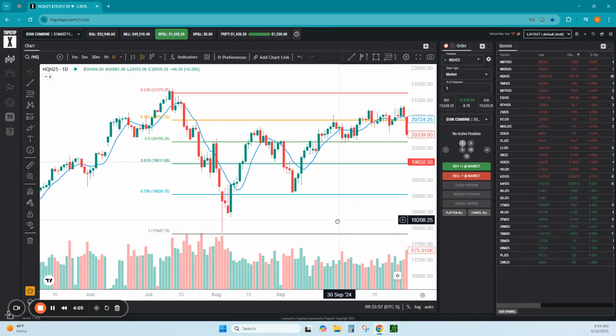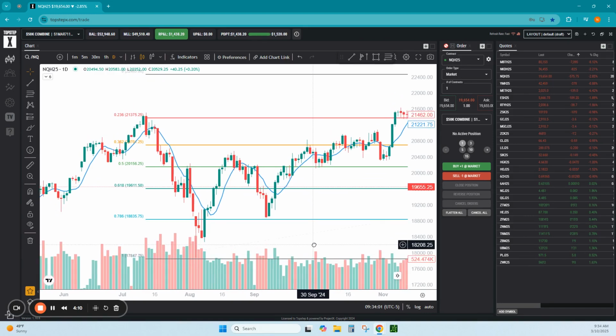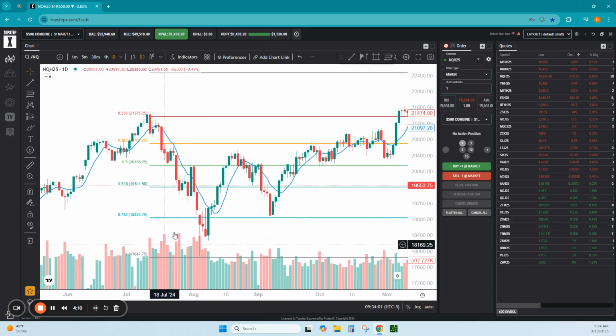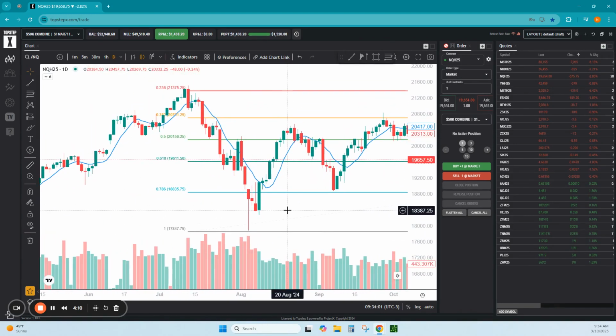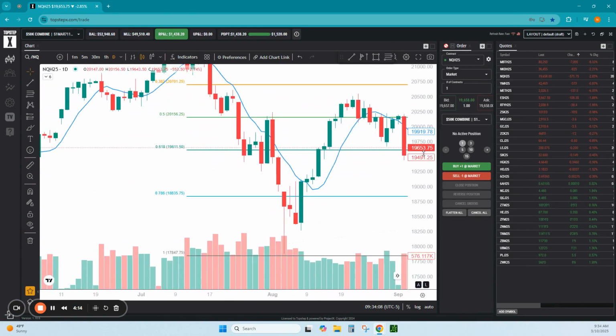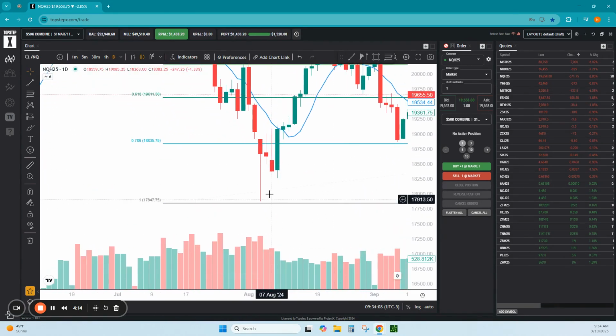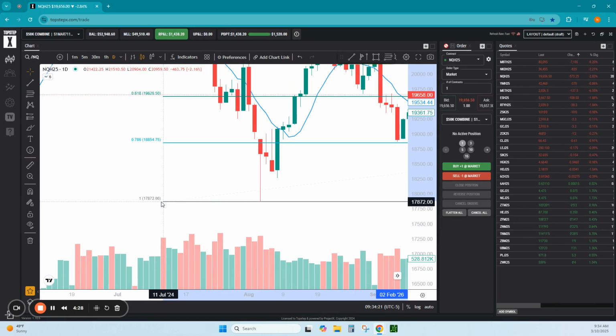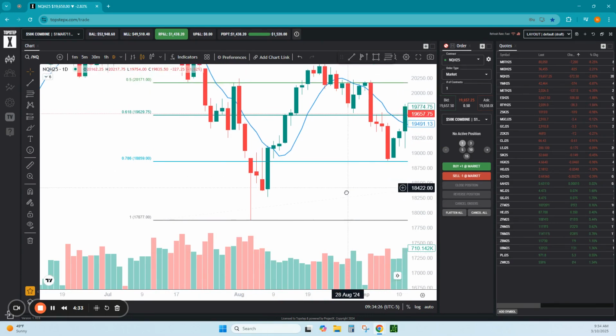Now, look, this is just out of box Fibonacci TradingView, right? And I can get more precise with this. So the low of this candle is 17,877 3/4. Okay, so we'll put it there.